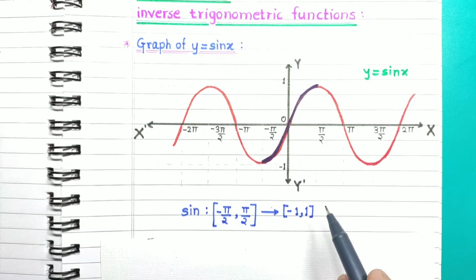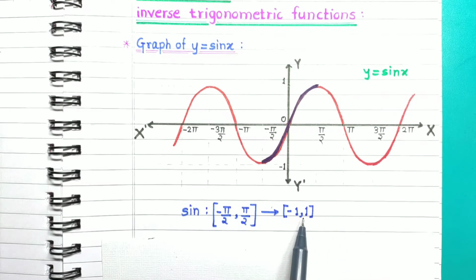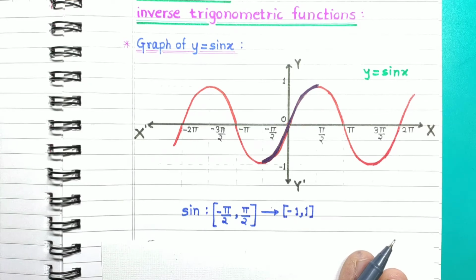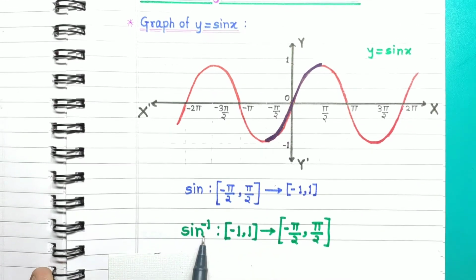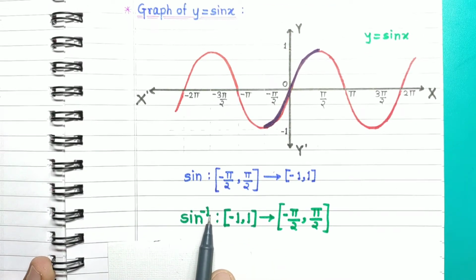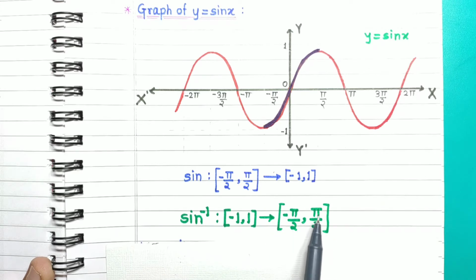Now see, for this sine function defined like this, we can define its inverse, and it is denoted by sine inverse. See the notation, sine inverse, and its domain is the closed interval -1 to 1, and its range is the closed interval minus pi by 2 to pi by 2.